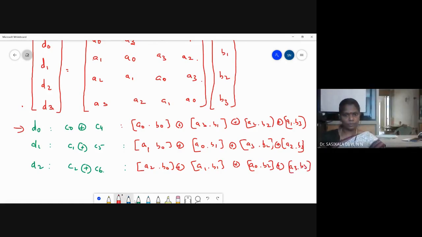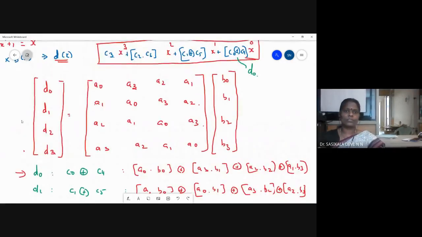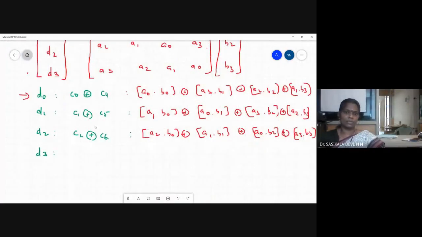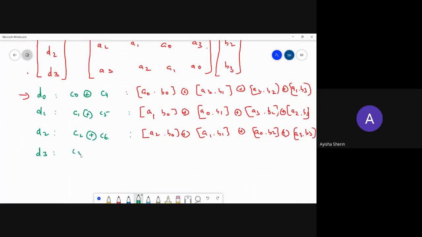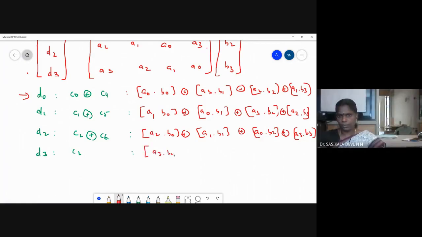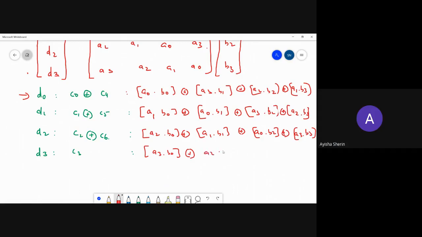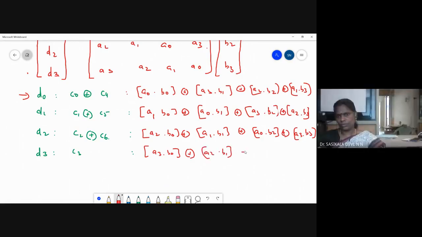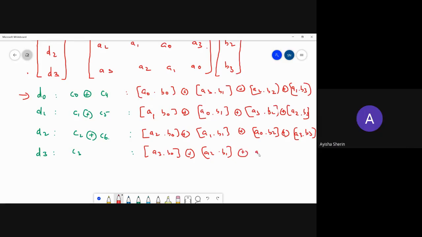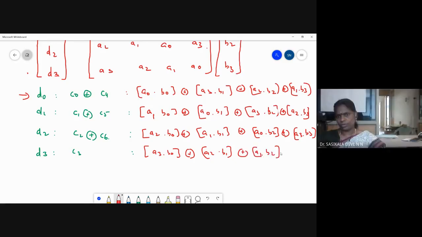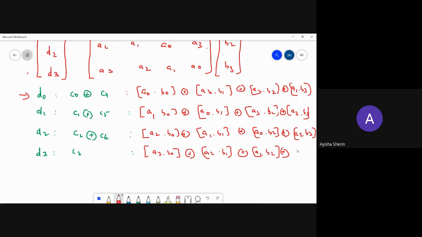Finally, one more coefficient, D3. D3 is the coefficient of x3. The coefficient of x3 is C3. What is C3? A3, B0, XOR A2, B1, XOR A1, B2, XOR A0, B3.